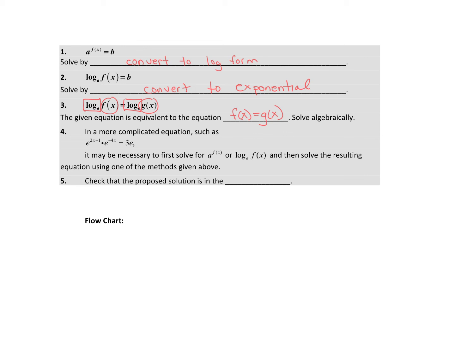If we have a more complicated equation like e to the 2x plus 1 times e to the negative 4x equals 3e, we are going to want to combine these using the rules of exponents, and we're going to have to manipulate things so that we get one of the 3 forms above. And always check that the proposed solution is in the domain of either the exponential or the logarithmic function.